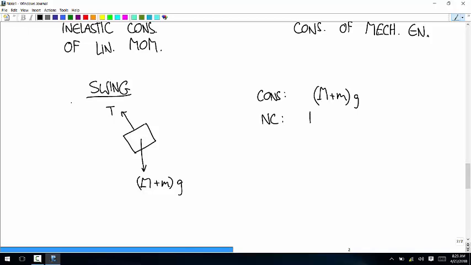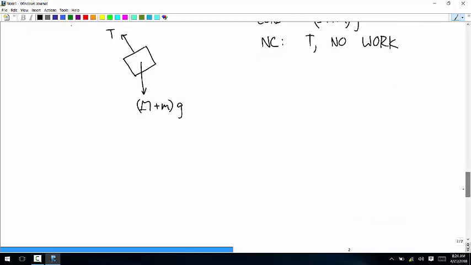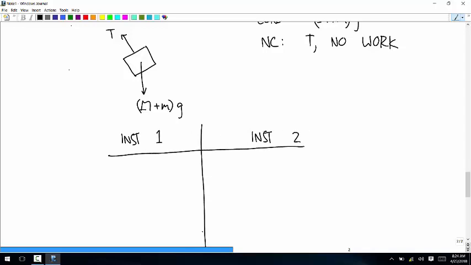The cable tension does no work. So we know we can use conservation of mechanical energy between instant 1 and instant 2. Instant 1 is the moment the bullet is lodged in and stuck there permanently, and instant 2 is when it gets to the highest point.